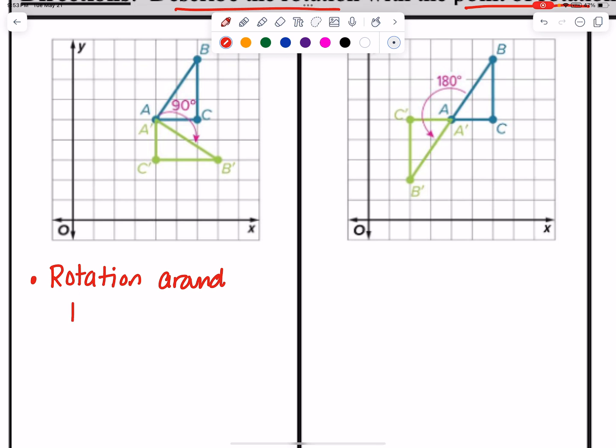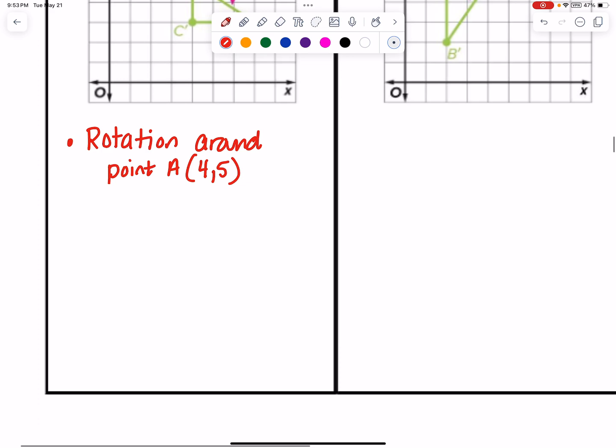So we'll say point A, and let's put the coordinates. So 1, 2, 3, 4, and then up 1, 2, 3, 4, 5. Okay, so we have over 4, up 5, and there we go. So it's a rotation around point A, which is ordered pair 4, 5.